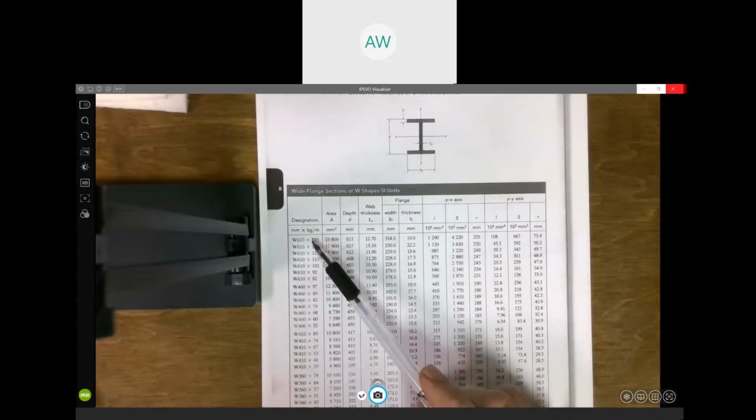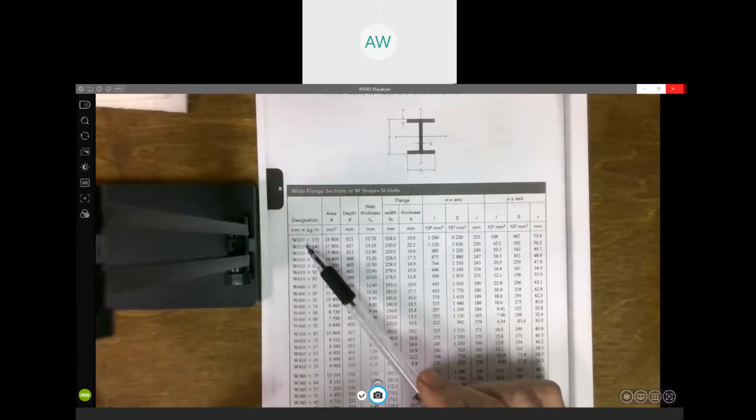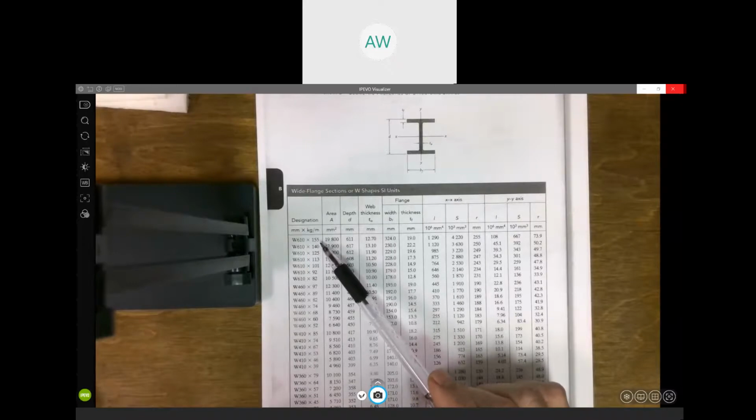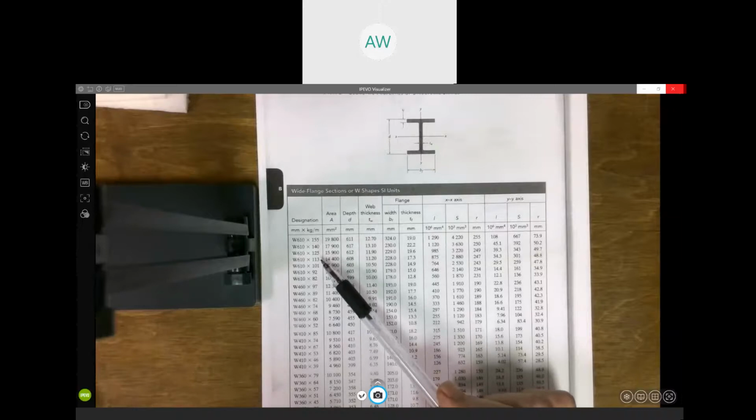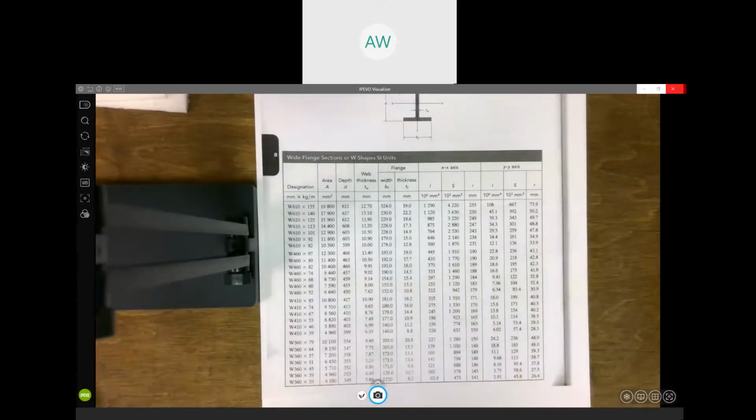This is the biggest beam that they have in this table, and there are much more extensive tables out there. This is just a good sampling. But it starts out with this W610 by 155. That's 155 kilograms per meter. That's a bunch of mass. But you notice they're getting smaller as you go down the page.